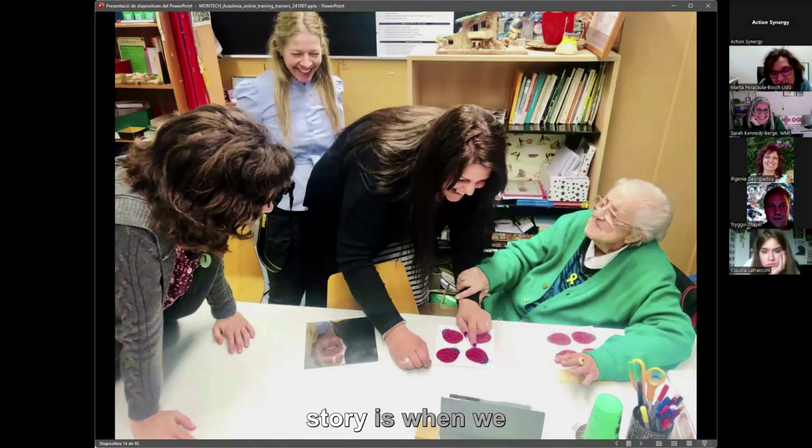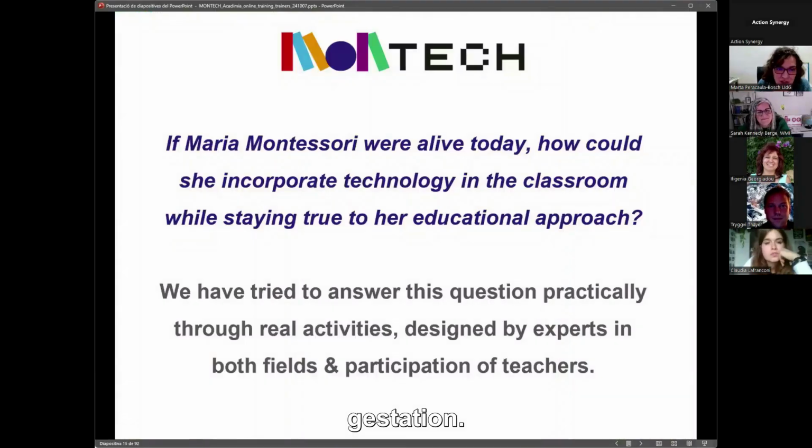a peak of the story is when we could link both seeds. Sarah and Nicole came to Girona, met Maria Antonia Canals, and we developed many ideas from that. And from here, the project was like a gestation.